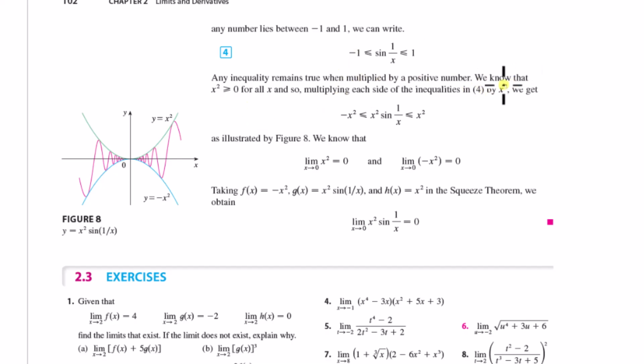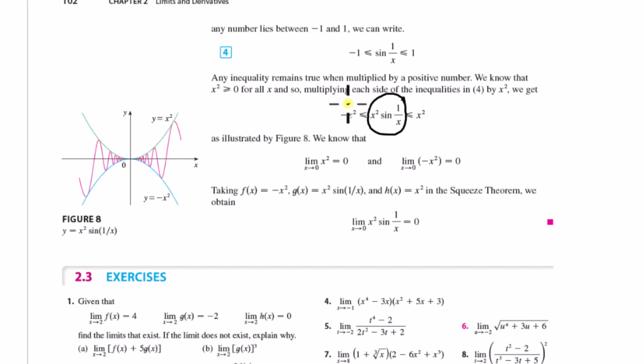We know that x squared is greater than or equal to 0 for all x. So multiplying each side of this inequality by x squared, which is always positive or 0, we get this. Look, there is g of x, the function we're analyzing, and we've got these two outer functions.